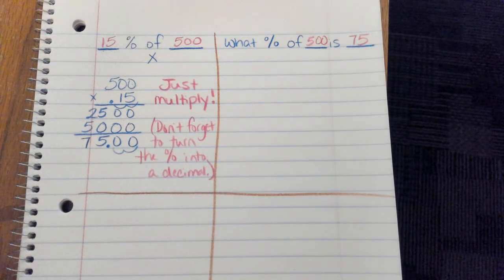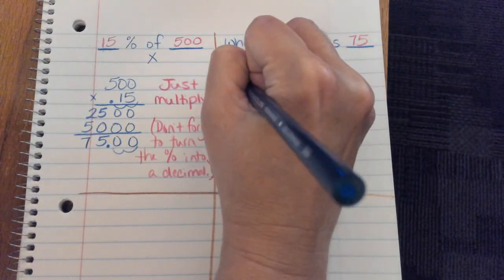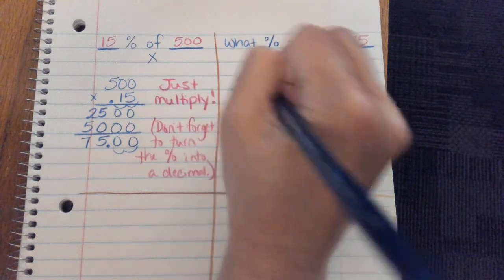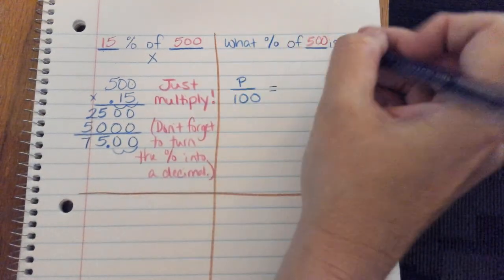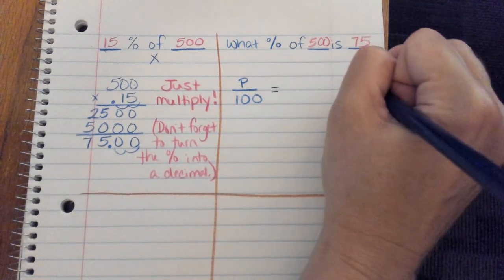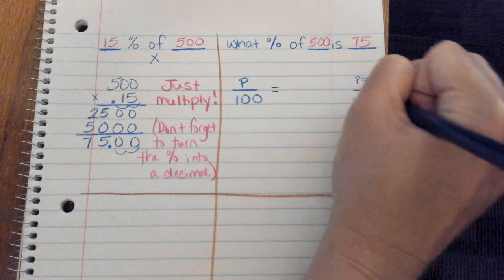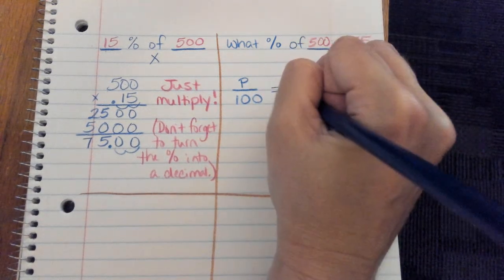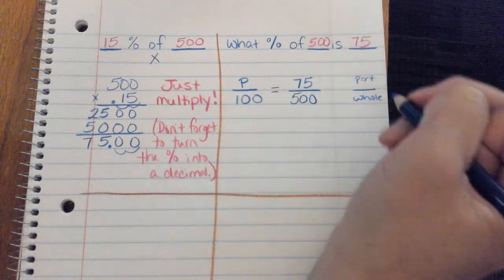And that's where you may have to use a proportion. So it's what percent, you're missing the P, the percent. Percents are always out of 100. And here we've got the part on the top and the whole on the bottom. The whole is 500 and the part is 75.